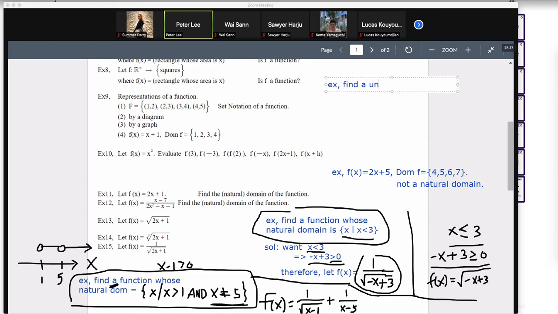Find the function f whose natural domain, not an artificial domain, but natural domain, is this right here.